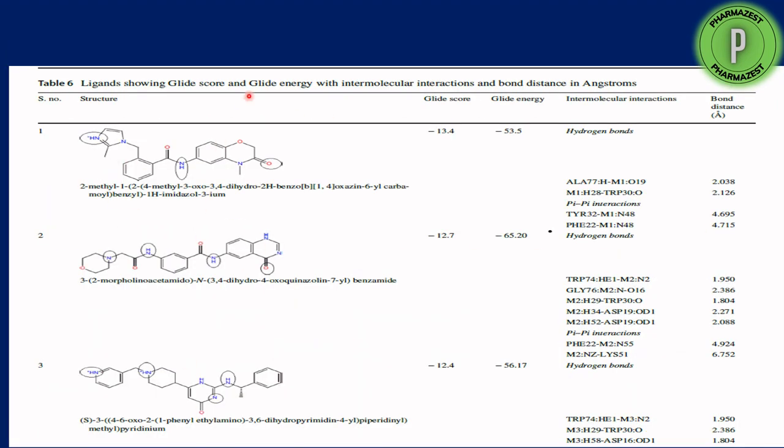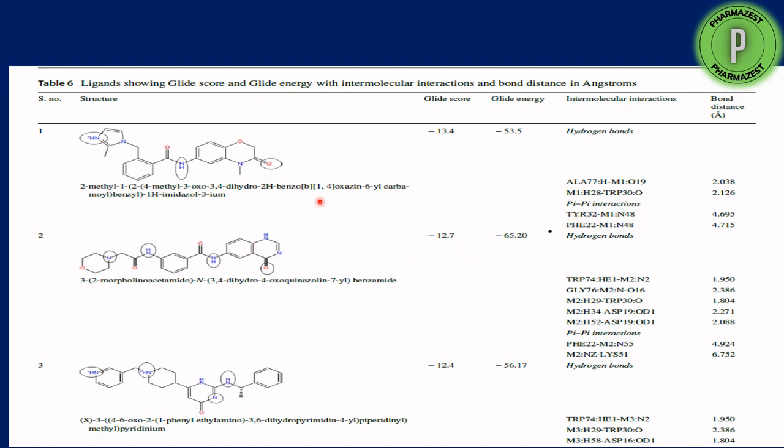And next, after identifying the inhibitors and after performing virtual screening, what we do is we check the interactions. After doing virtual screening, that is the docking process, we get the glide score and glide energy. Based on this glide score and glide energy, we prioritize all the molecules and we check their hydrogen bond interactions and pi-pi interactions.